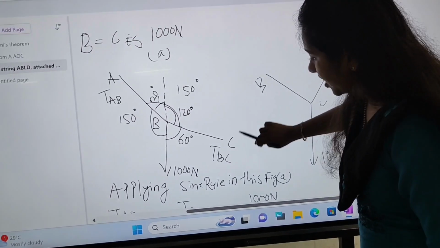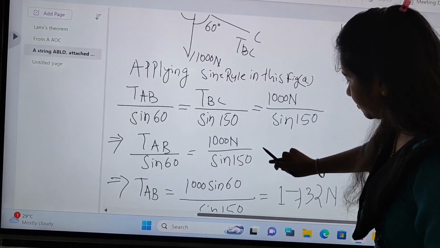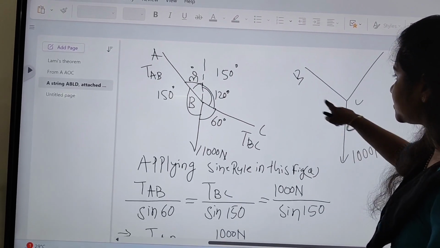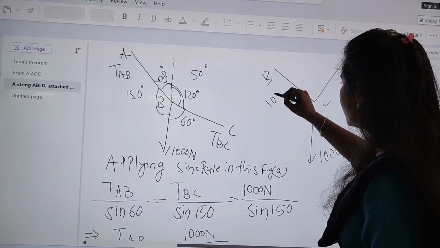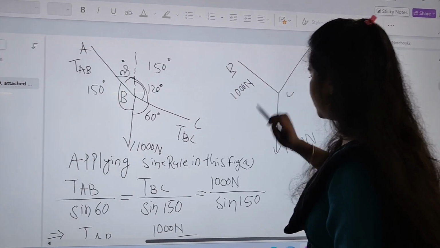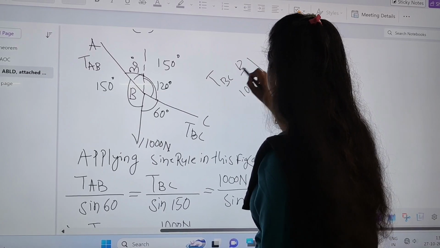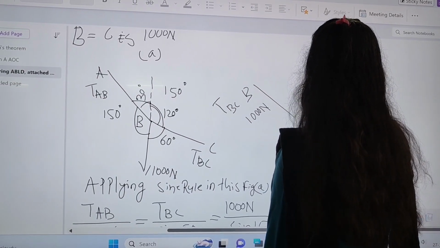In this diagram we find the weight 1000 newtons. So the weight at C we already know is 1000 newtons. Here we name TBC and TCD.